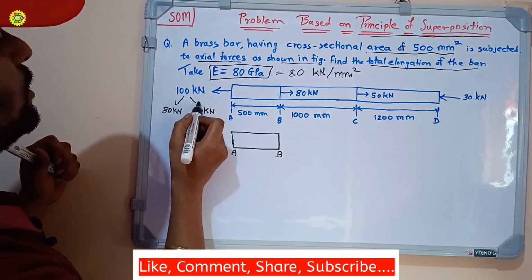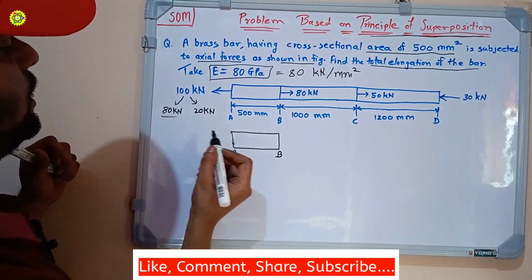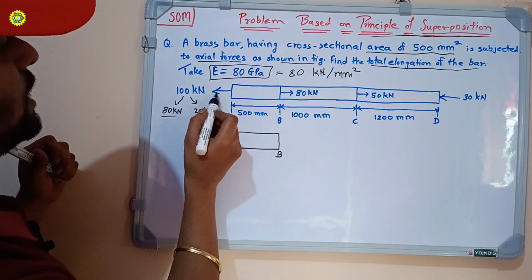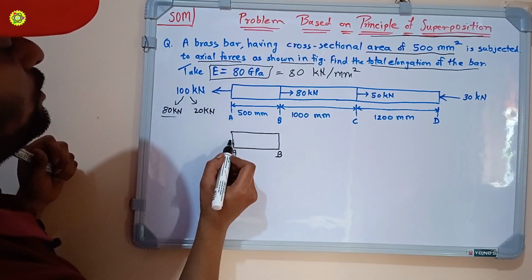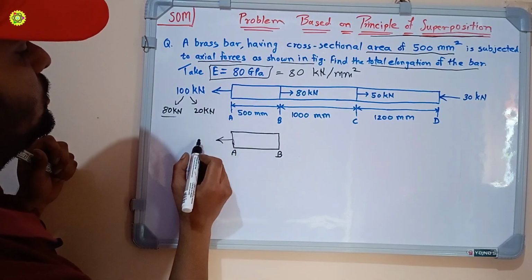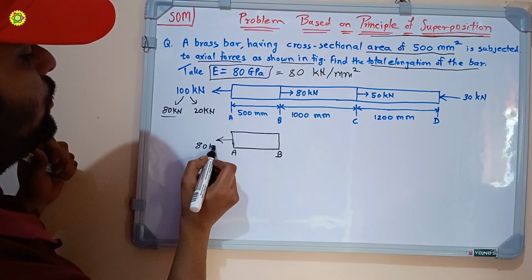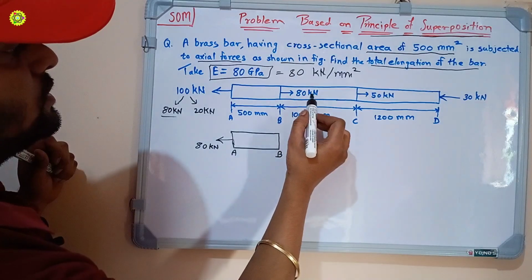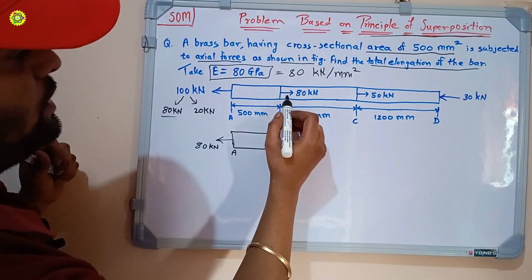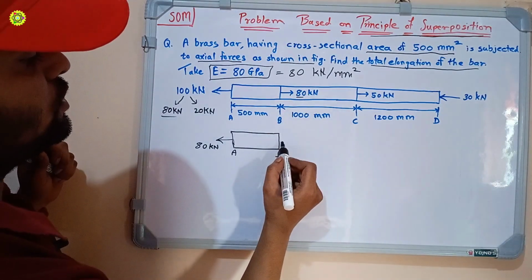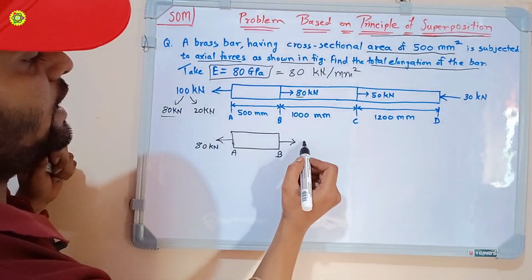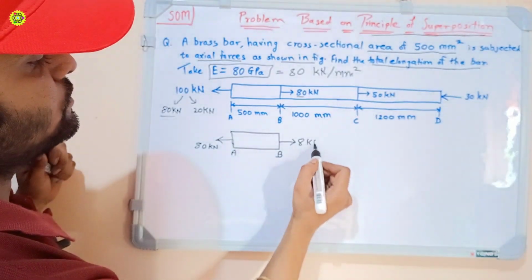We first take this 80 kilonewton, and the force is tensile, as you can see, the arrow is outwards. So here it is 80 kilonewton, and at B this force is also 80 kilonewton.